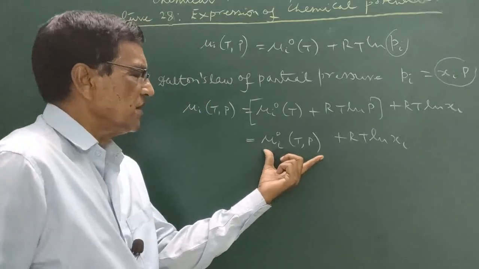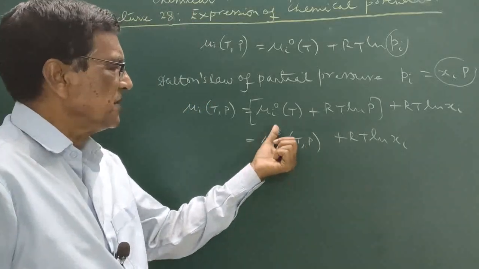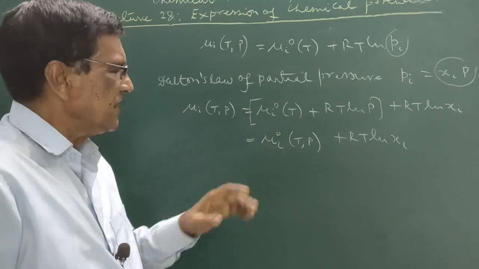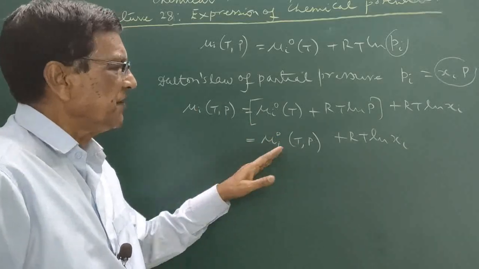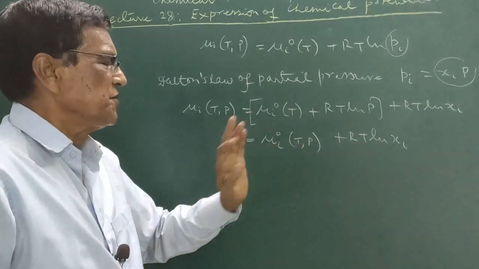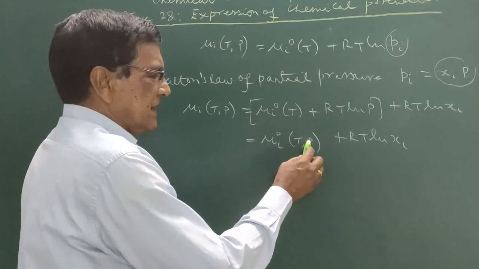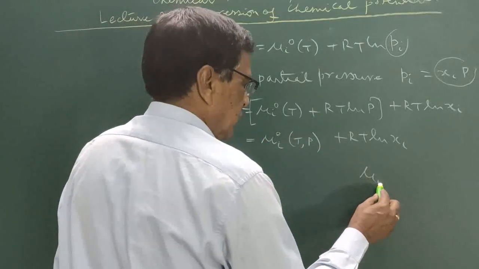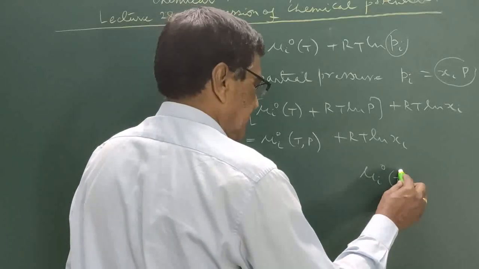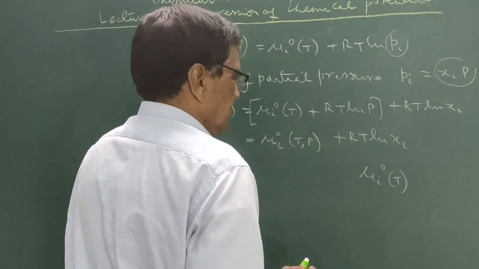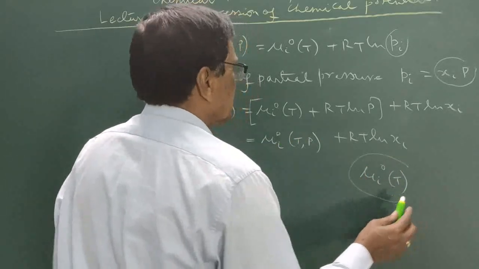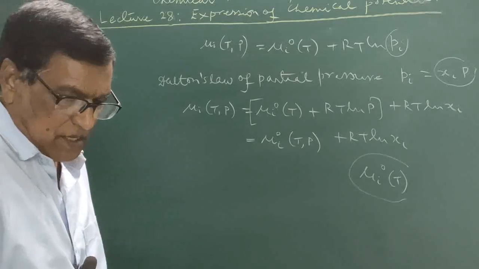This one is not the standard chemical potential of the ith component, but it is the chemical potential of this ith component when it remains in a pure state, meaning Xi equal to 1, at a given temperature and pressure. Whenever the pressure is taken as 1 atmosphere, this is identical with the standard chemical potential.